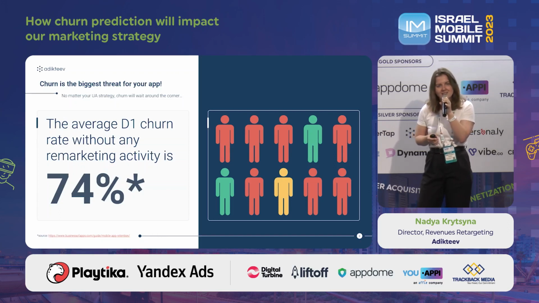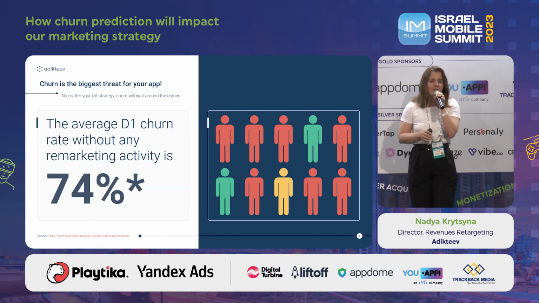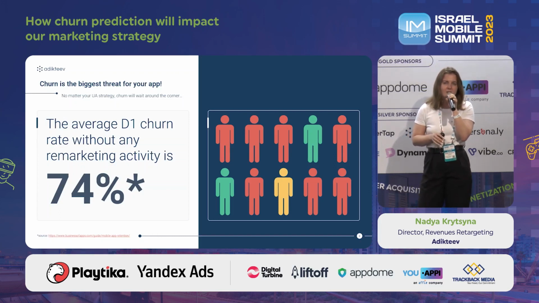And for most of our clients, the proxy to start re-engaging users is the classic inactivity window. But sometimes it's not enough. Back in the day, it was a nice proxy, but I have had lots of conversations today with direct clients and agencies who look into churn prediction, and most of them already work on it to make re-engagement more efficient and to be more precise with timing when they should start re-engaging their users and start showing the ad in front of them, not to do that later.